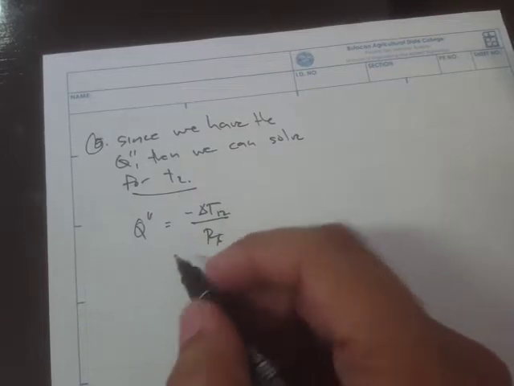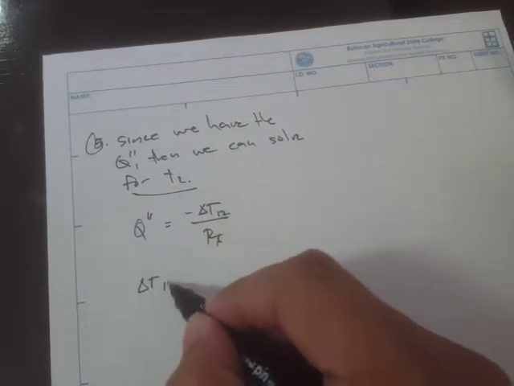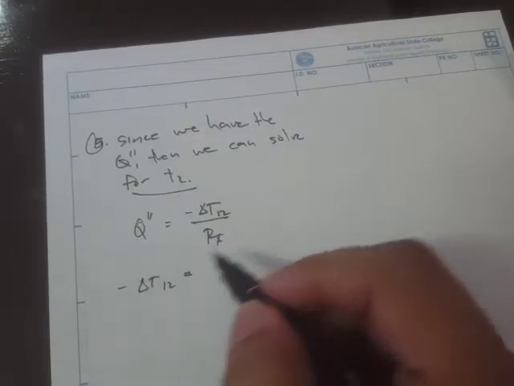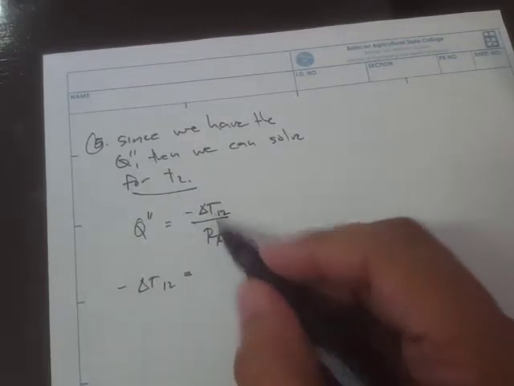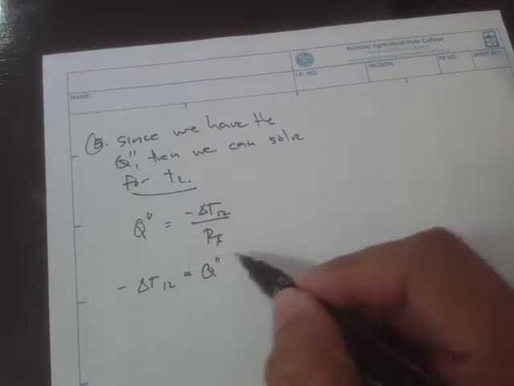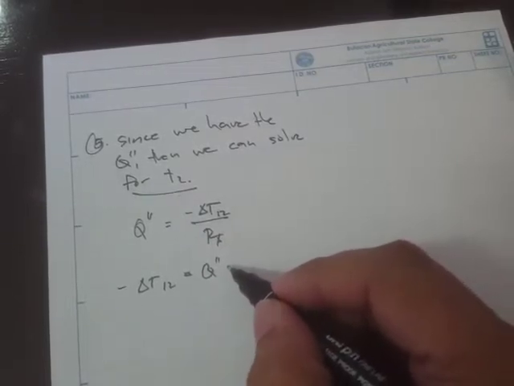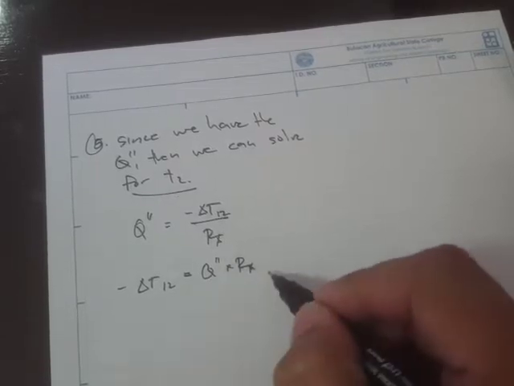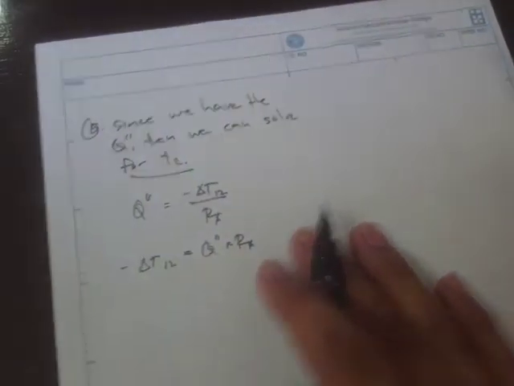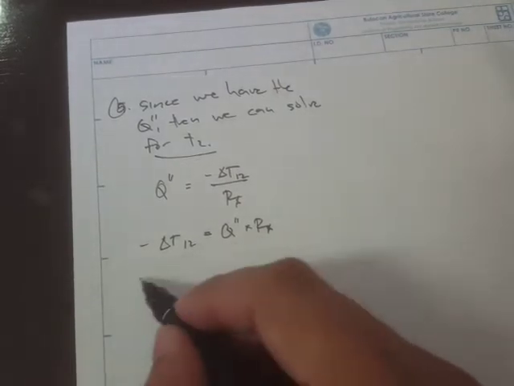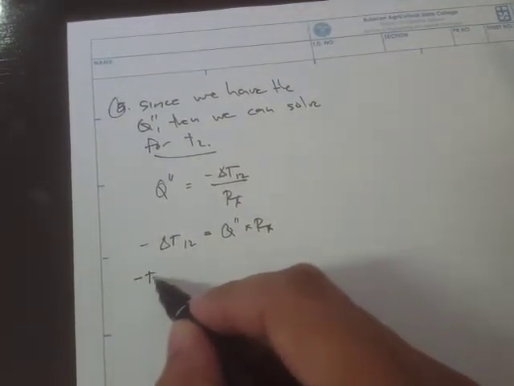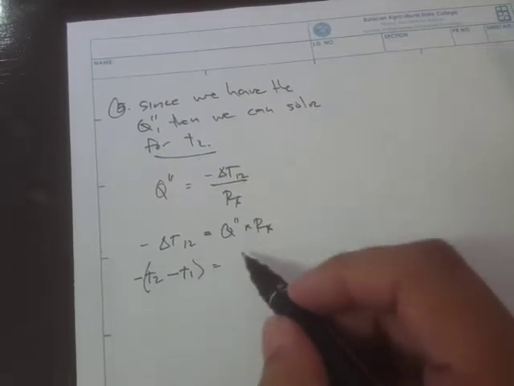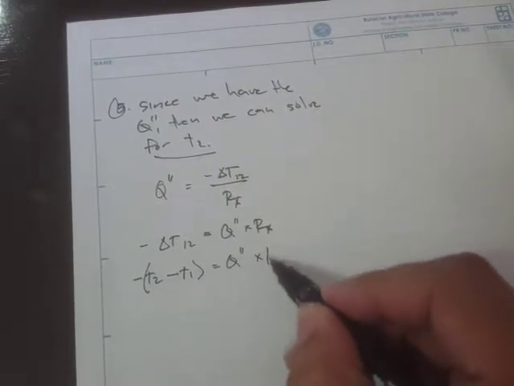So delta T12 is equal to the heat flux times the resistance of A only. And this delta T12 is simply negative T sub 2 minus T sub 1, right? Let's just write that.